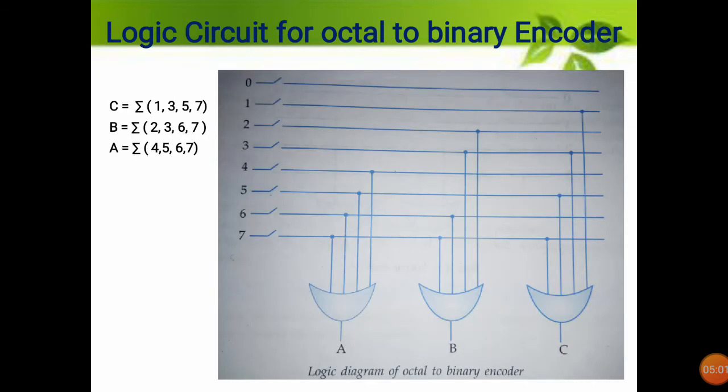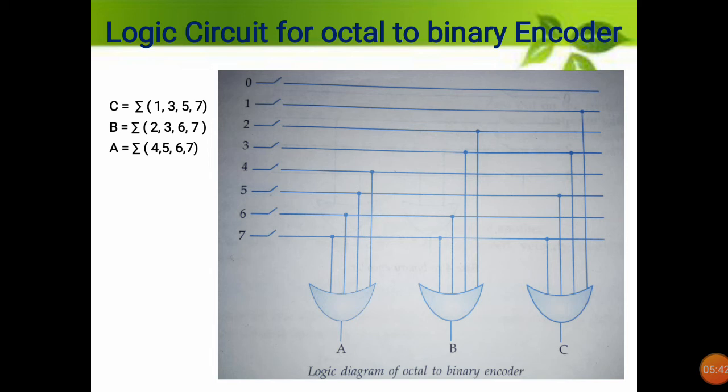For the logic circuit of the octal to binary encoder, I have to send the 0 to 7, total 8 input lines, and we have 3 OR gates, one for C, one for B, and one for A, because OR is summation. With C we send the lines 1, 3, 5 and 7.